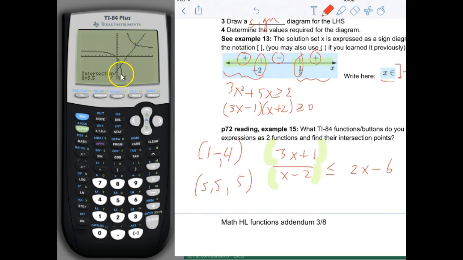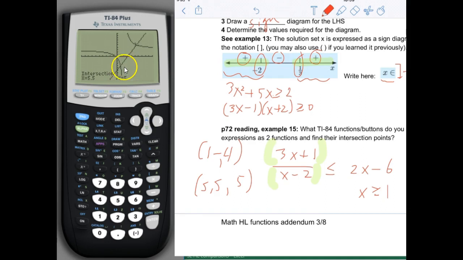So this part would be part of the solution. And this point here, remember, was x equals 1. So we could say when x is greater than or equal to 1, because we want to know when the rational function is less than or equal to.